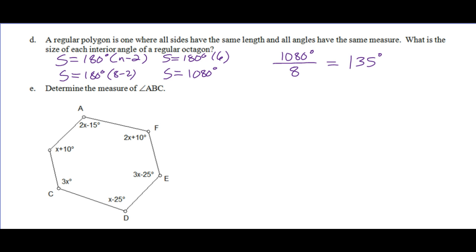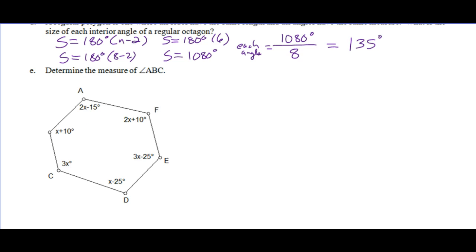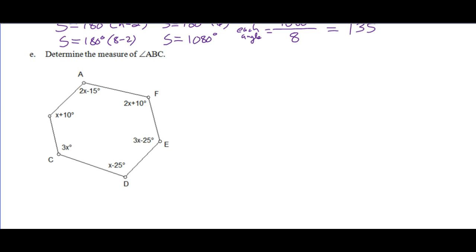Okay, so each interior angle, because it's a regular octagon, all the sides are the same length and all the angles have the same measure. So each angle is the sum of the angles divided by the number of sides, which is the same as the number of angles. Determine the measure of angle ABC.